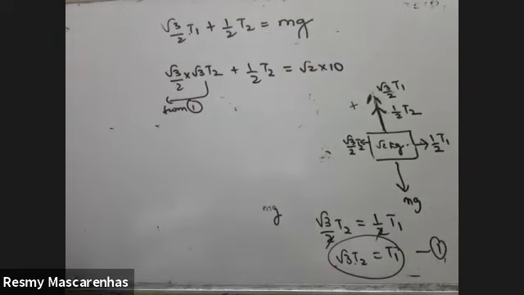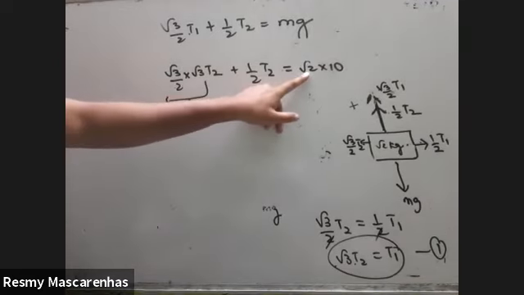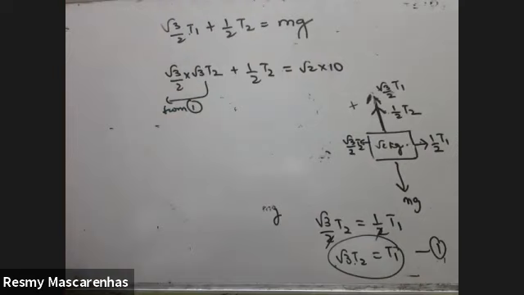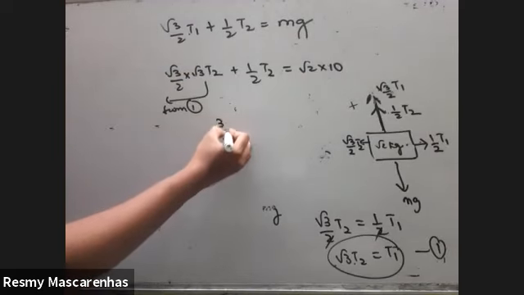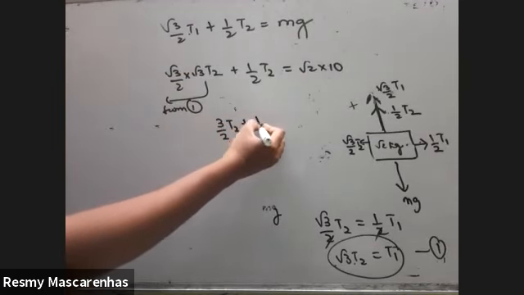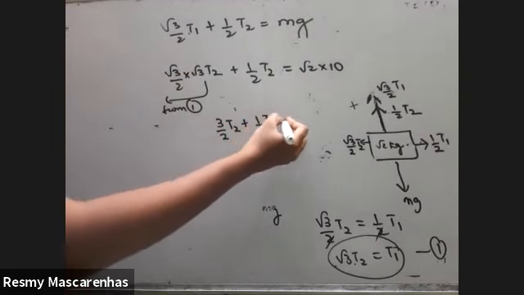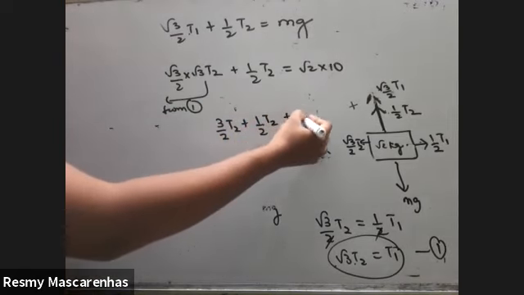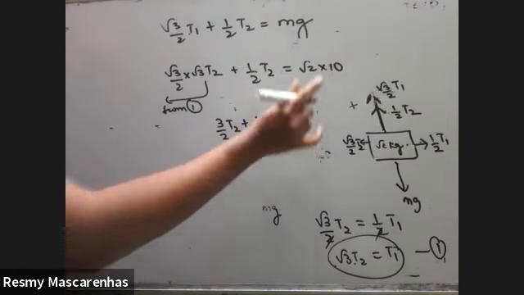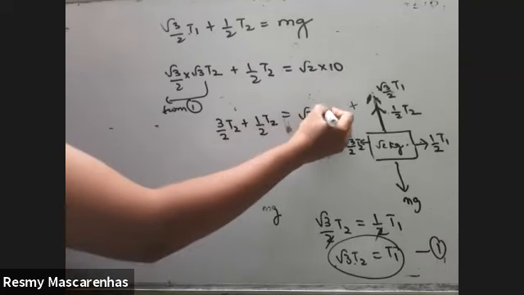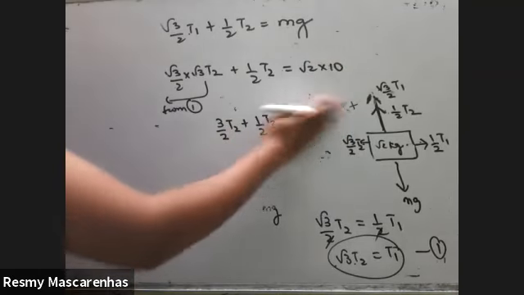Right. Mass is given to you. That is root 2. Now root 3 into root 3 is 3. And root 2 we can write.